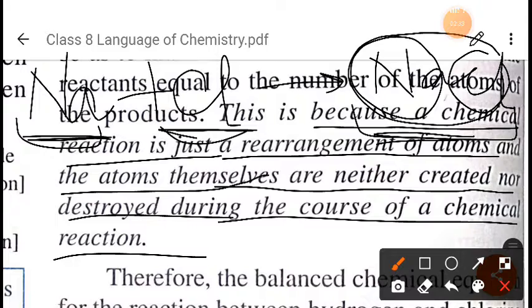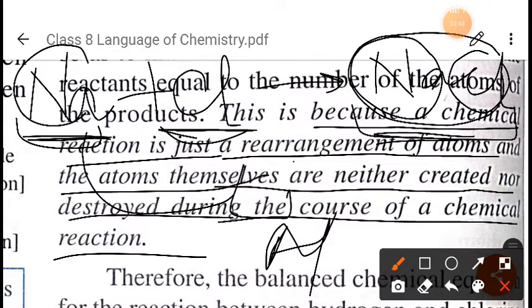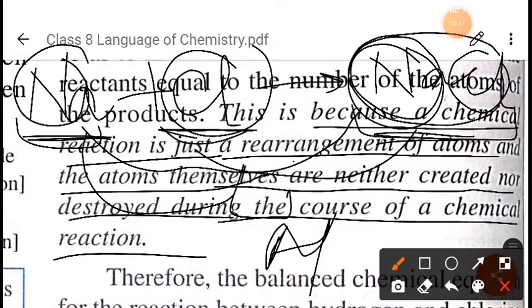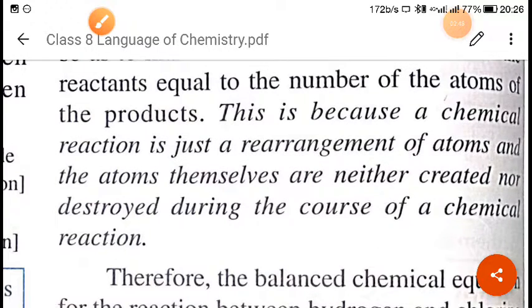It is not that the sodium is changing into lithium or aluminum or any other atom. The atoms are the same, but there is just a rearrangement. So a chemical reaction is just a rearrangement of atoms, and the atoms themselves are neither created nor destroyed during the course of the reaction.